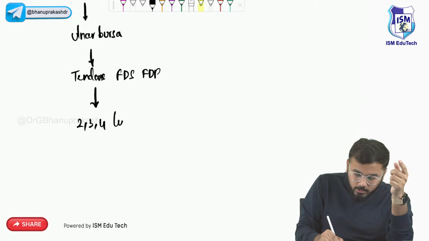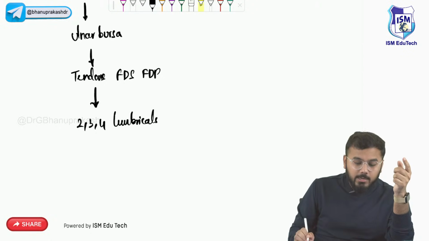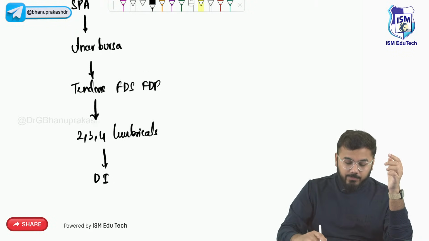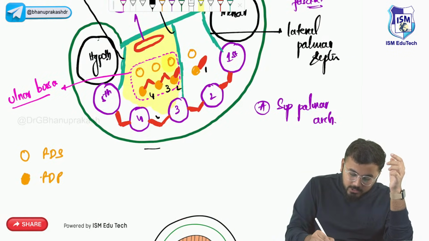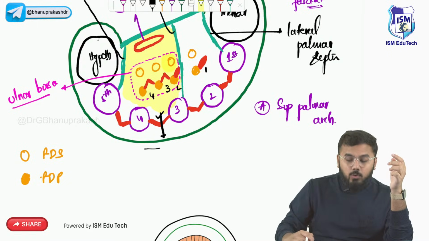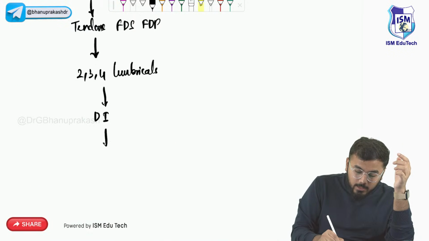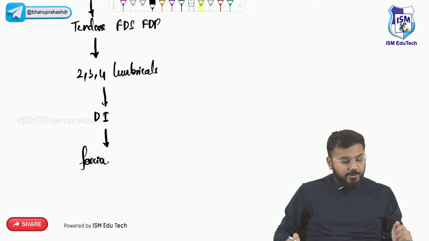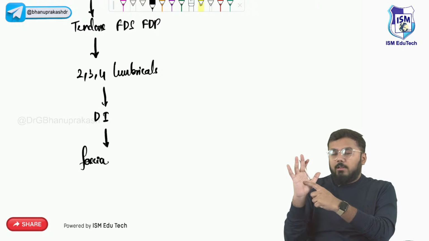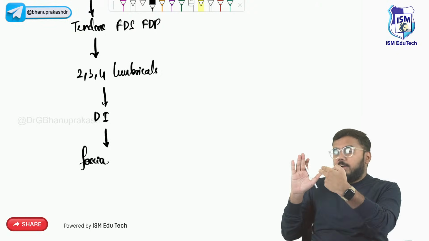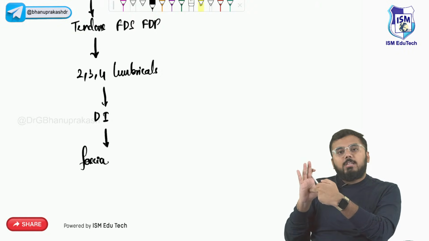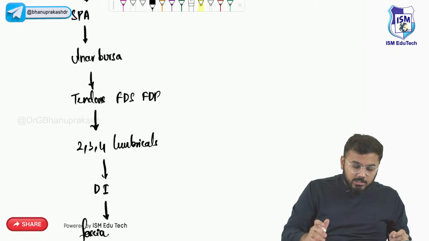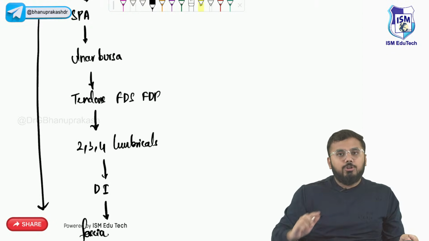Still more deep, I will find the dorsal interossei. And still more deep, I will find the fascia. So if you are drilling a hole into my palm, what is the first layer you touch and what is the last layer? This is the superficial to deep order which they will ask you in the exam for sure.